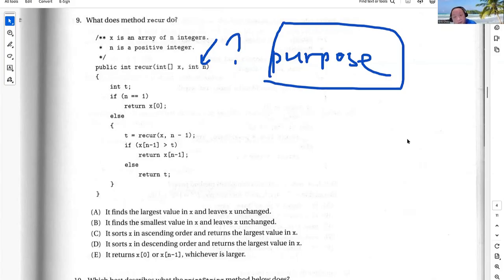Benjamin, can you tell me what's the purpose for this one?